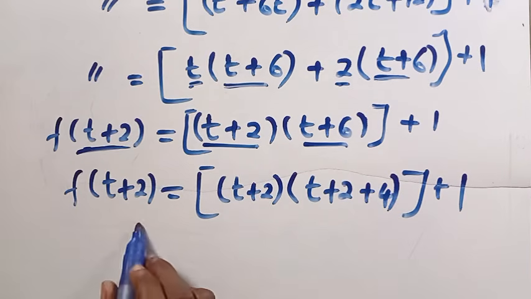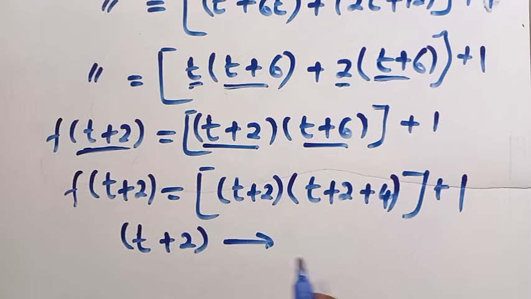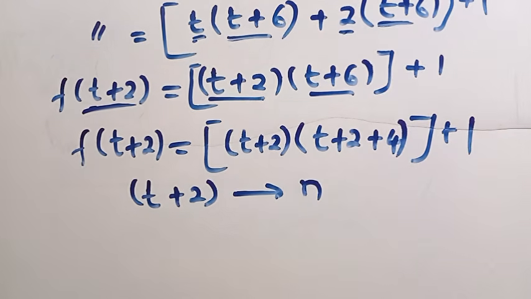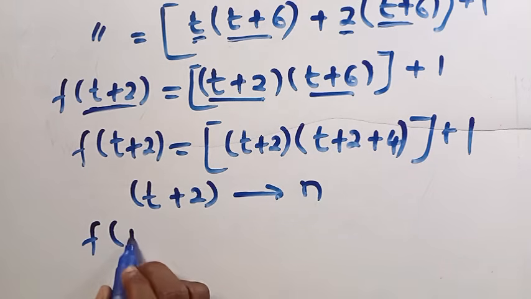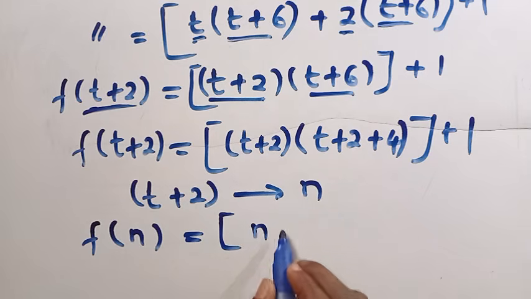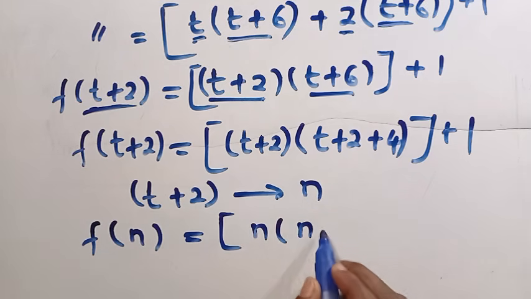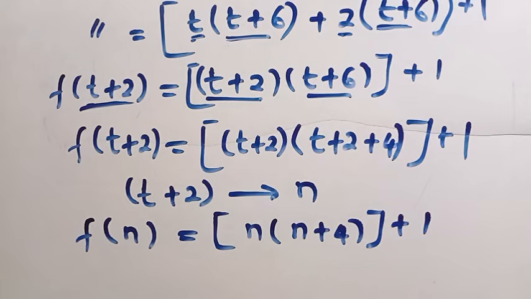Now I can replace t plus 2, the whole of it, with another letter, let's say n, or x anyhow. So we have f of n equals n, in bracket n plus 4, then plus 1.